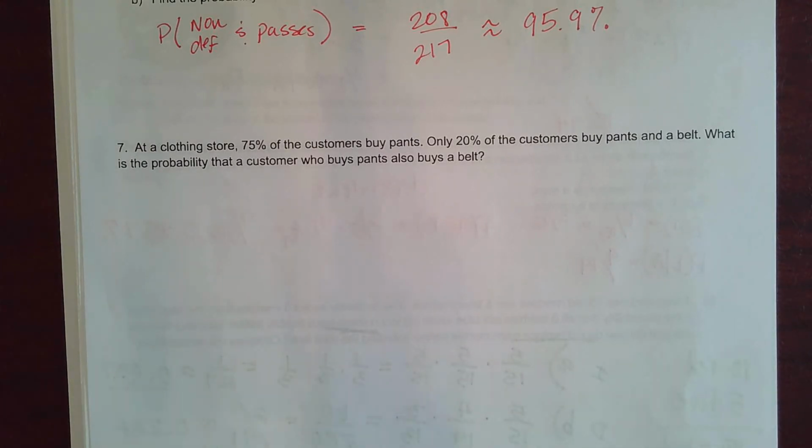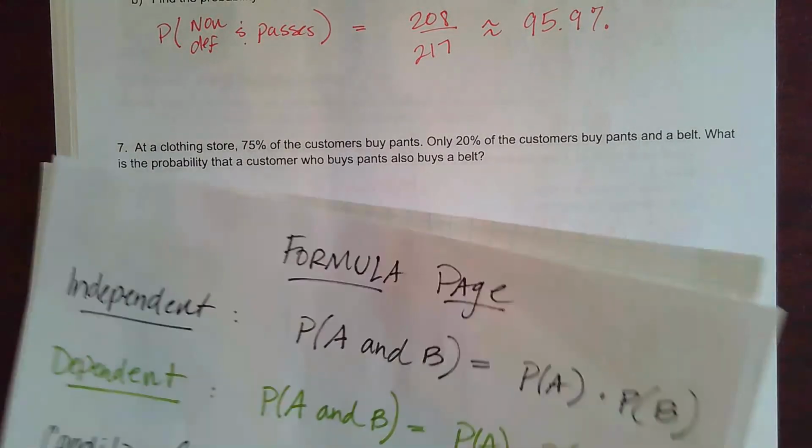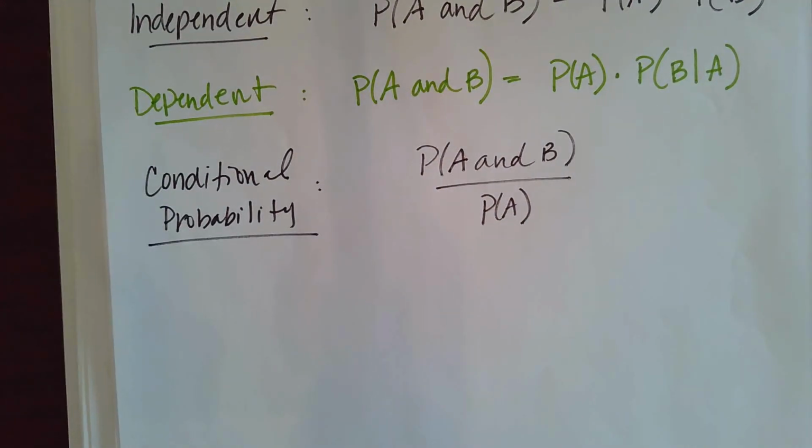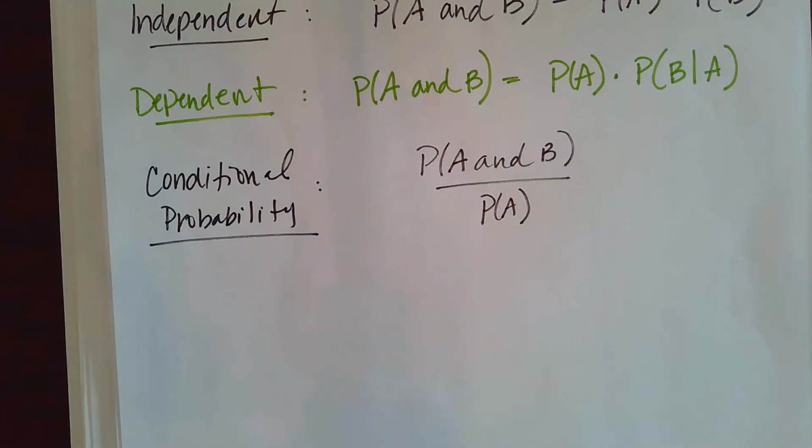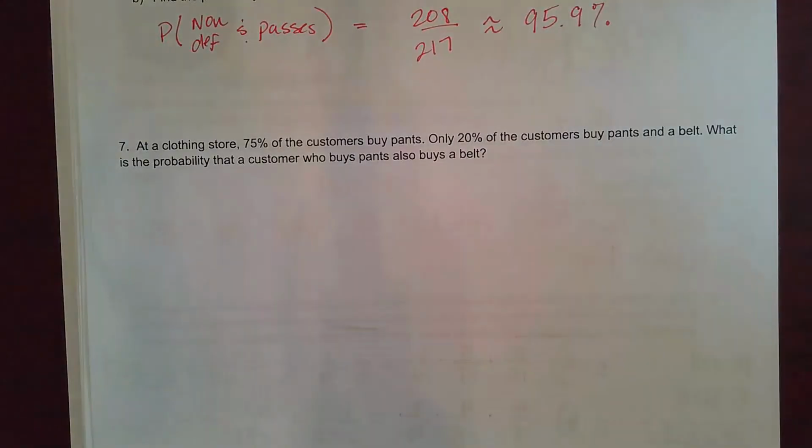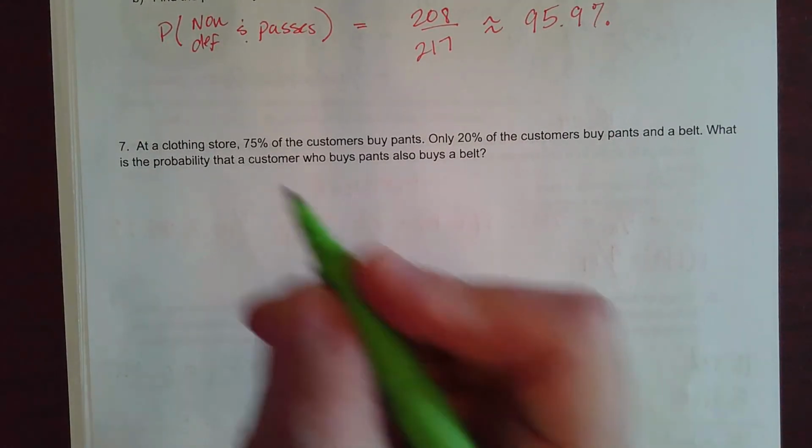All right, going back to what we said at the beginning, the conditional probability is that event B occurs given that event A has already occurred. So again, one has to depend on the other. There's our formula for conditional probability.